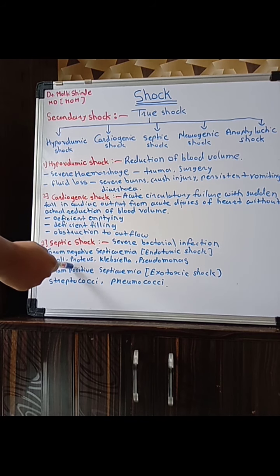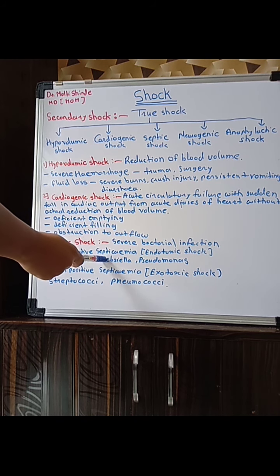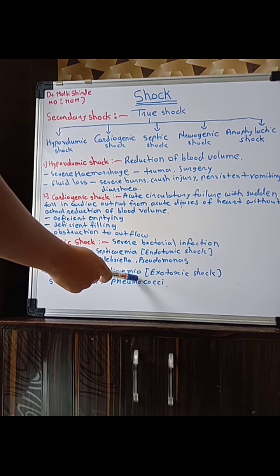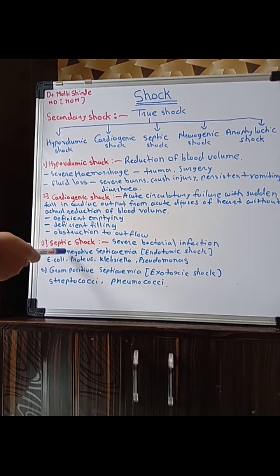So these are the causes of septic shock, gram positive bacteria and gram negative bacteria. Gram negative bacteria cause endotoxic shock, and gram positive bacteria cause exotoxic shock, which we call septic shock.